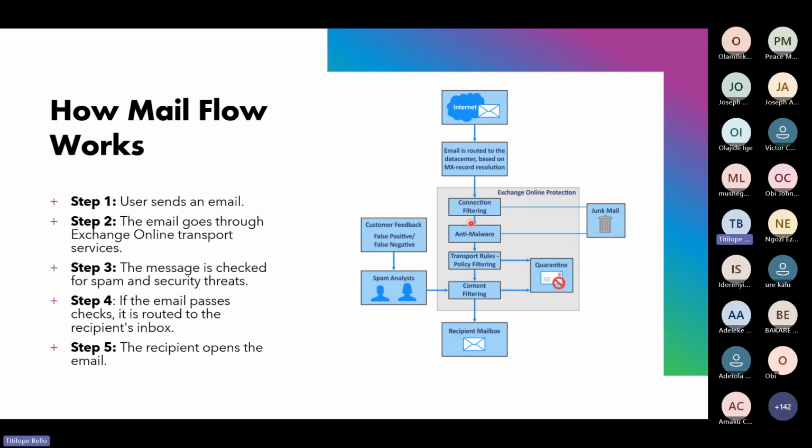If the mail is clean, you then move to, okay, is there any rule created in the environment that says if a mail is coming for this person, send it to this place, or if the mail contains a virus, where should we send it? Should we send it to the user's junk folder, or should we quarantine the email?